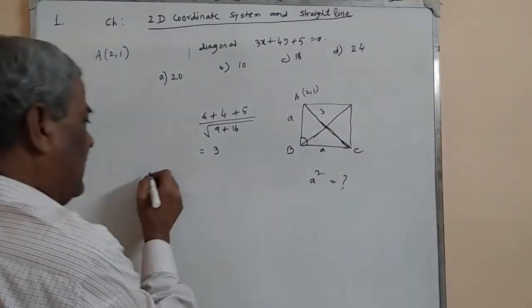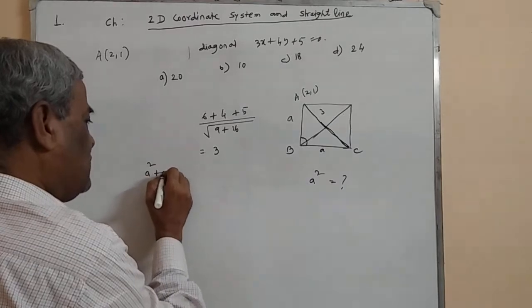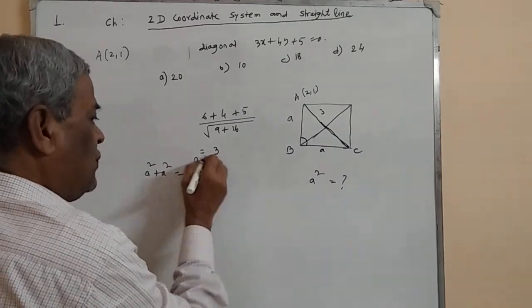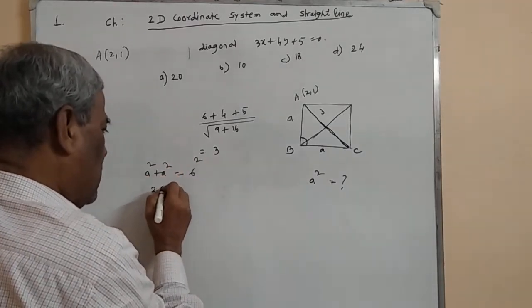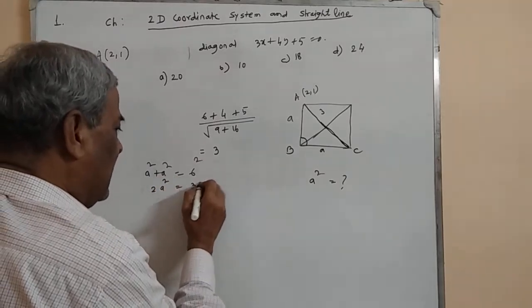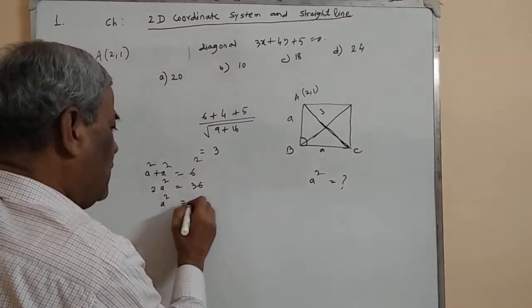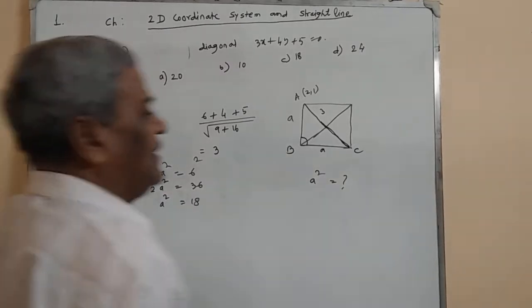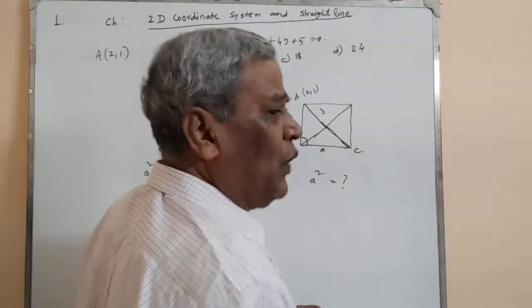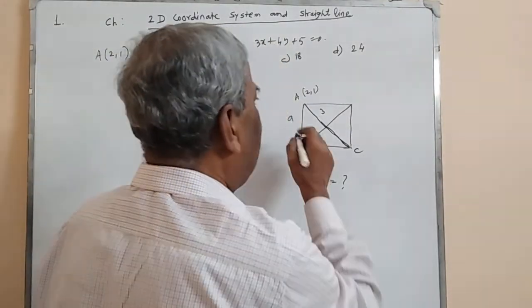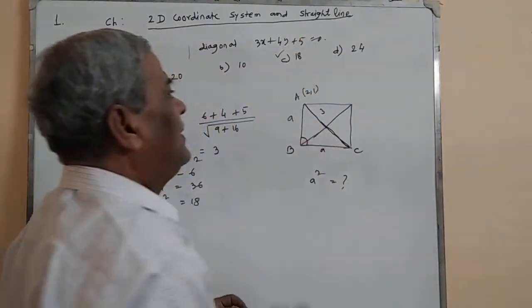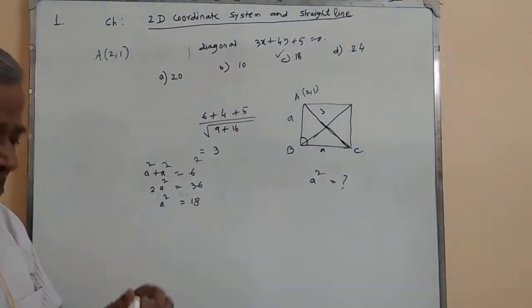Then a square plus a square is equal to 6 square. So 2a square is equal to 36, a square is equal to 18. A square is our required result. So the answer is 18 square units.